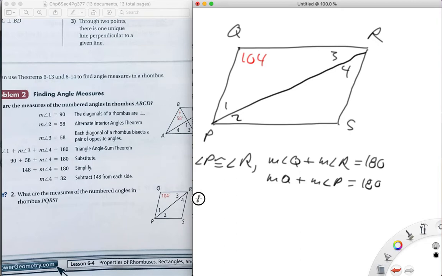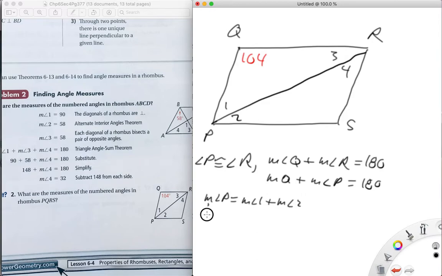I also know that since this is a rhombus, P is equal to angle 1. P is equal to R, right? Or congruent to R. So I can say that the measure of angle P is equal to the measure of angle 1 plus the measure of angle 2.